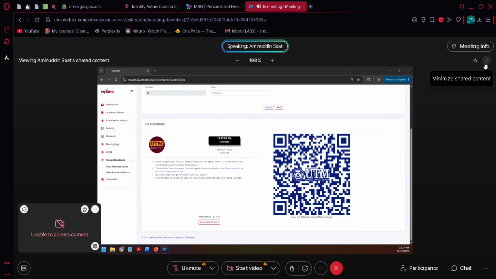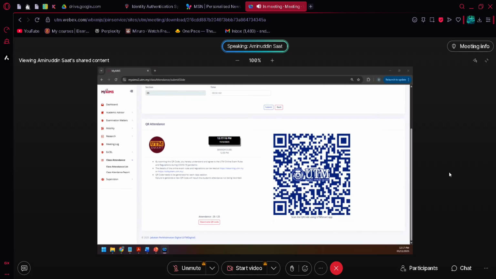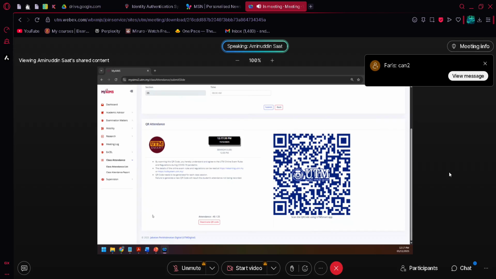Yes, one QR for two sections. This is for section 5, but for section 6, your name will appear as well, I think so. For section 6, you cannot scan, is it? Yes, we can. You can, right? Okay, I will check.